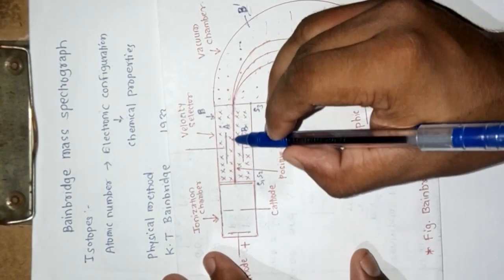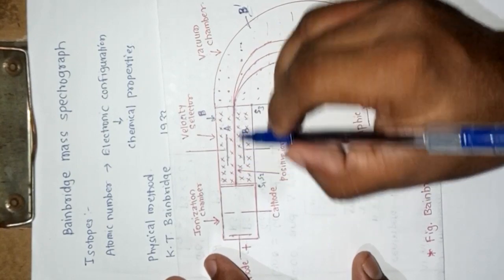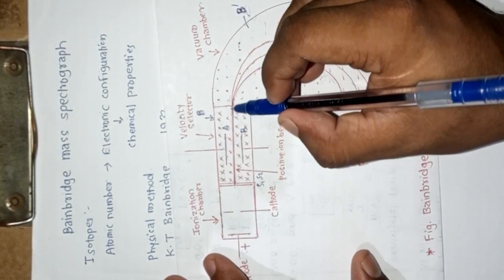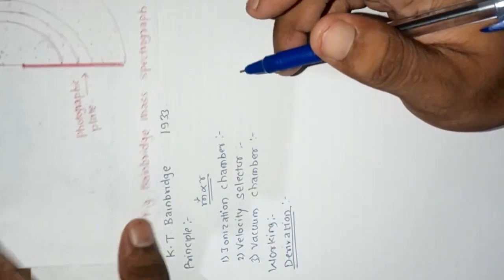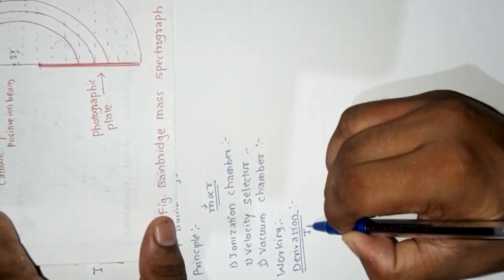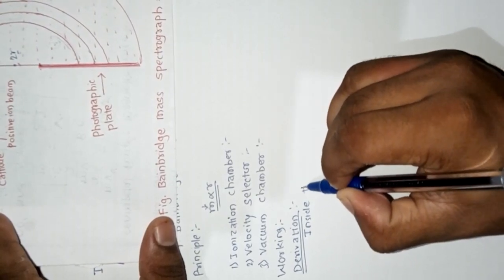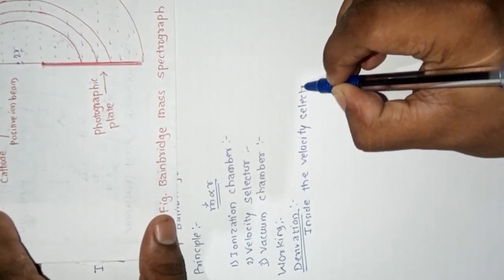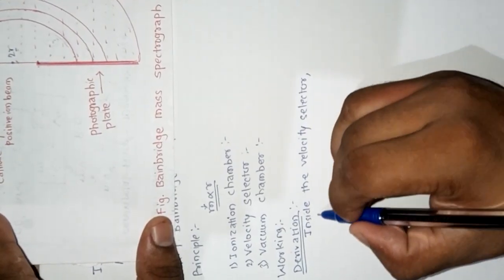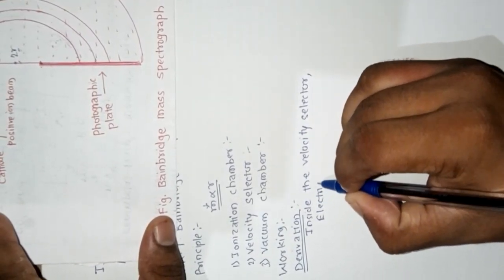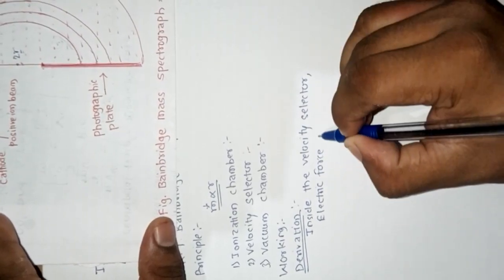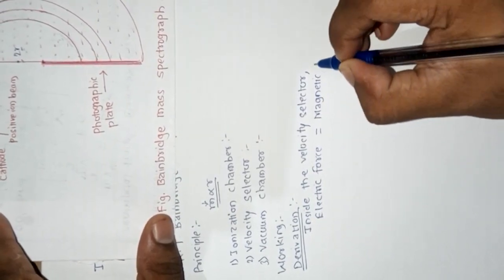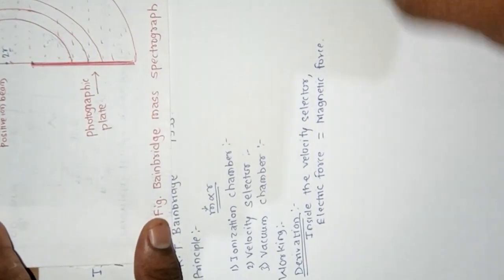When the beam of positive ions passes through this velocity selector, the electric force and magnetic force on the beam of ions are equal. So inside the velocity selector, electric force, which is due to the electric field, is equal to magnetic force, which is due to the magnetic field.